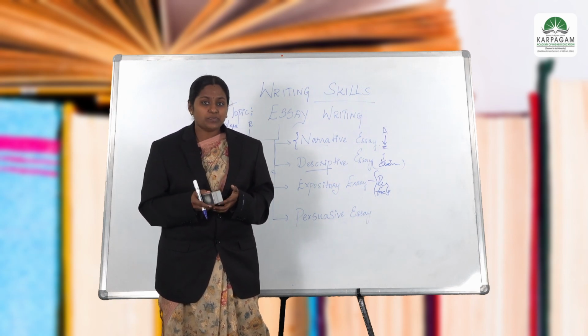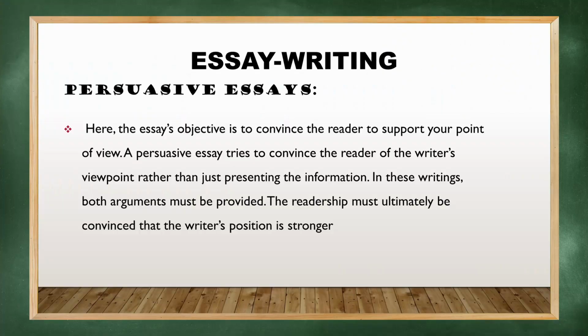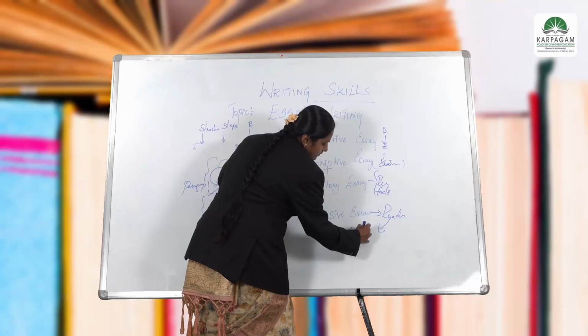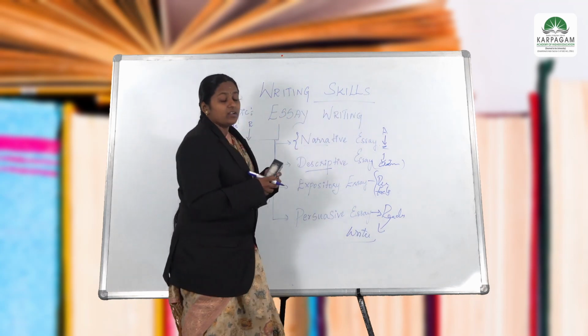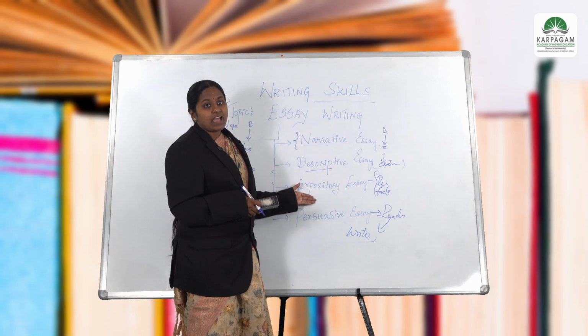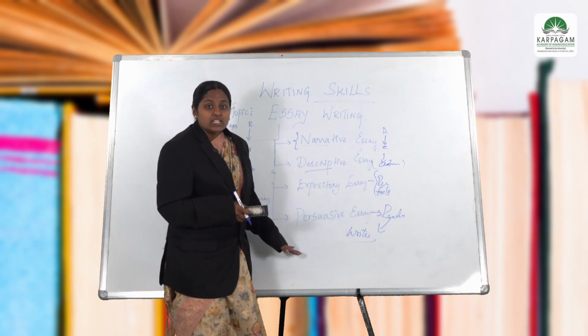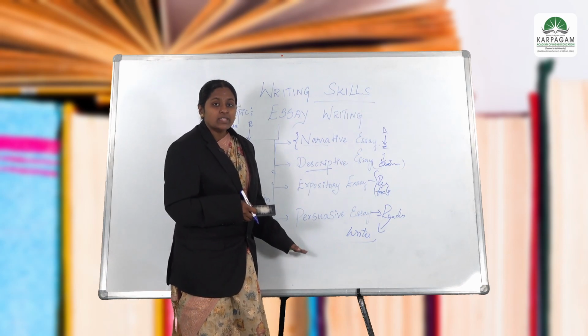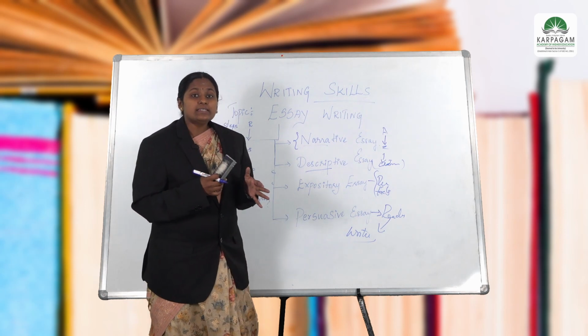So that is expository. And then the fourth one is persuasive. Persuasive means it gives importance to the readers, who should always keep the writer in mind. So you don't get confused: expository always gives the facts and research, but persuasive always gives the writer's part.